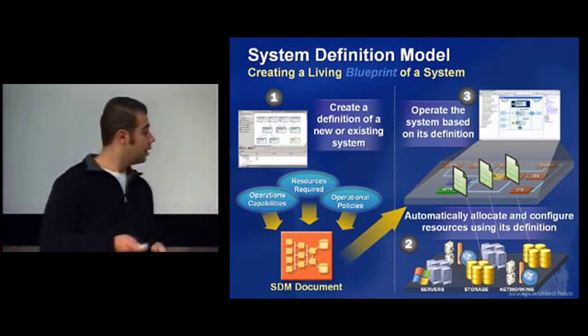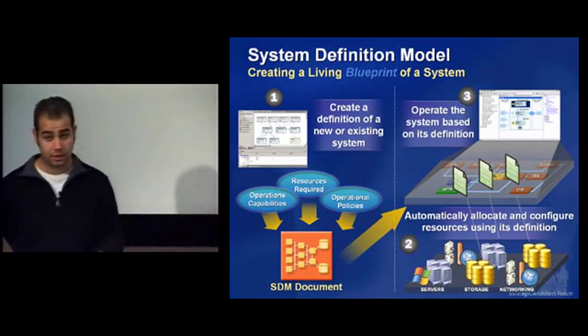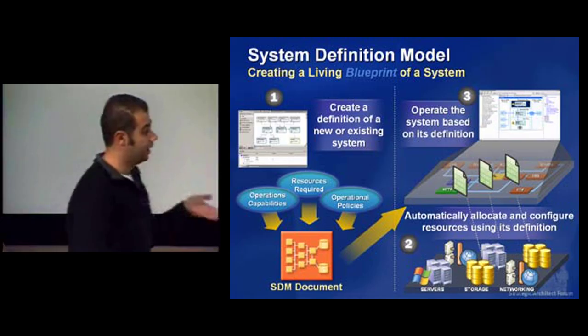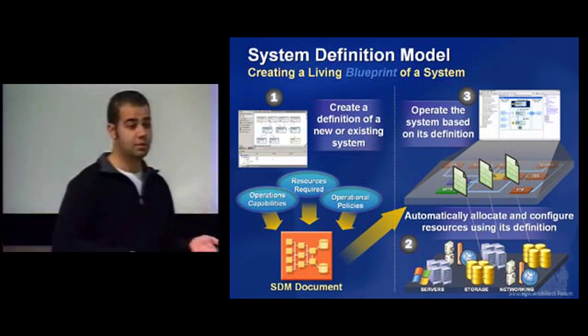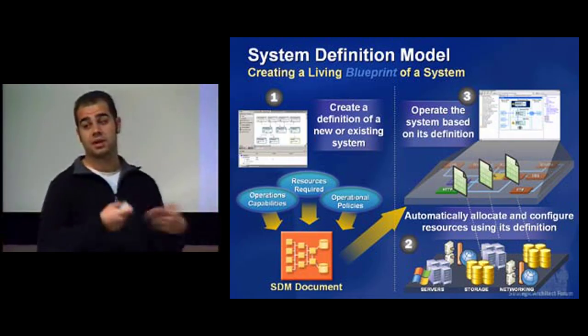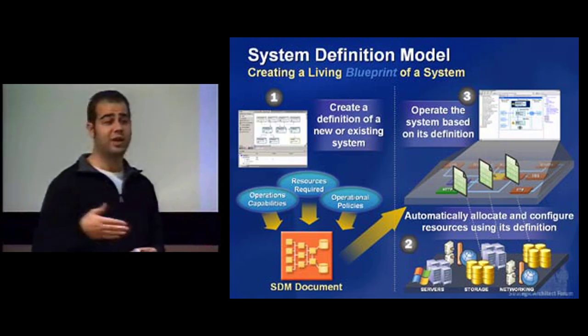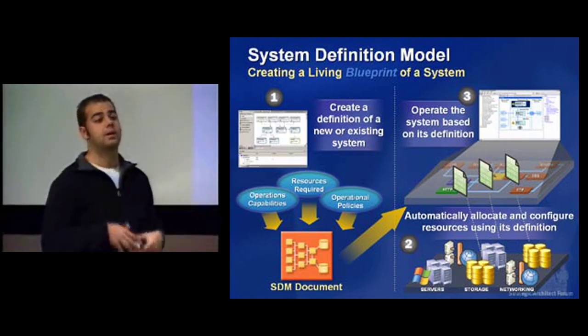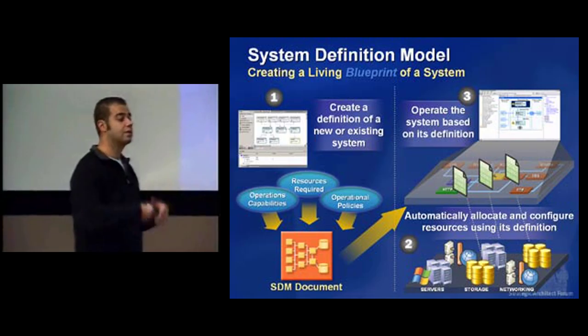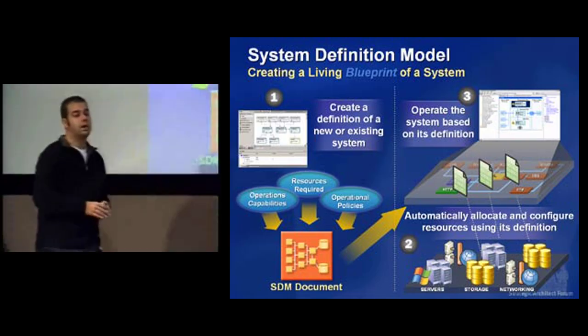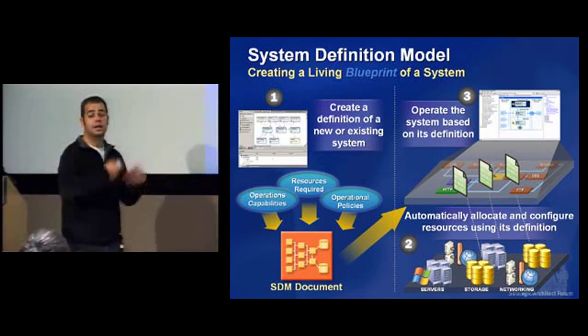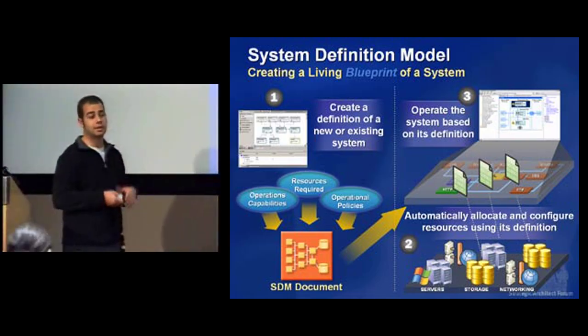We can then use this SDM document to automatically allocate and configure resources when we're deploying the system, when the system first comes to life, or when we're actually changing the scale of the system. We need to add more servers. We need to add more server instances at the front end, at the presentation tier.